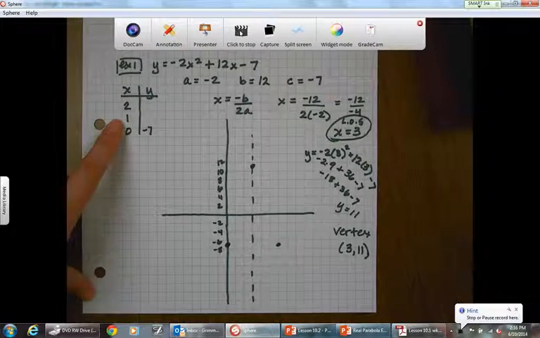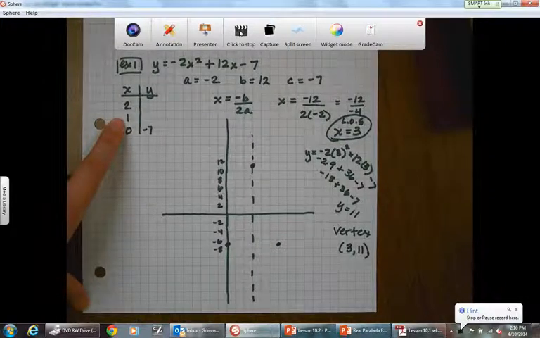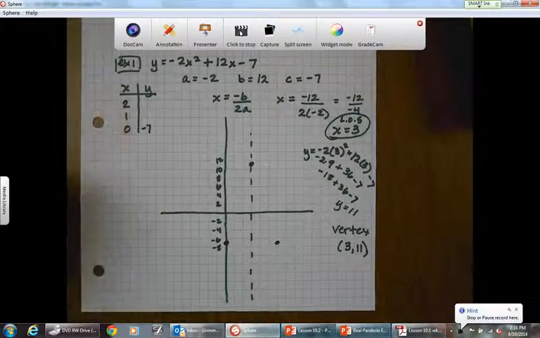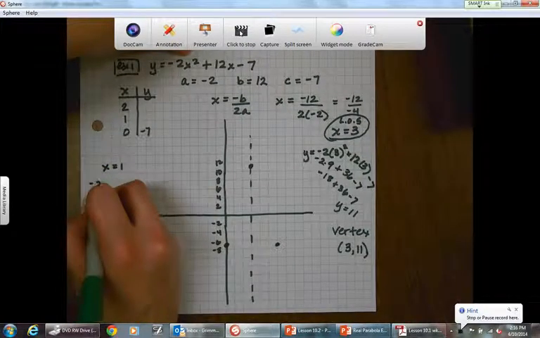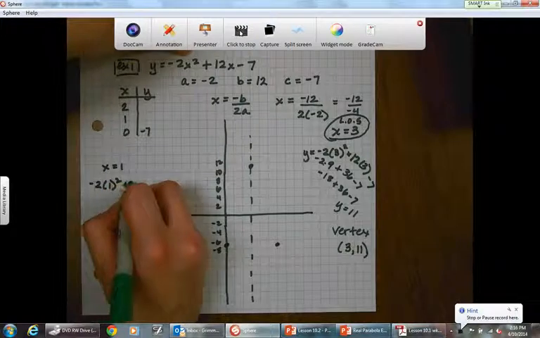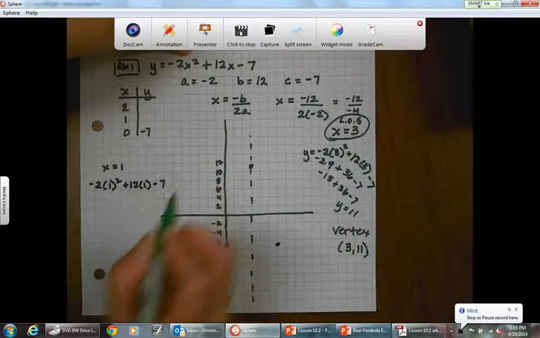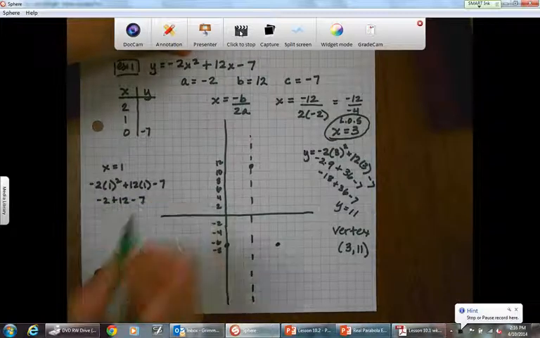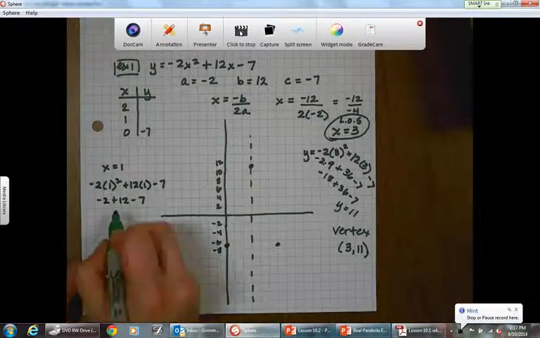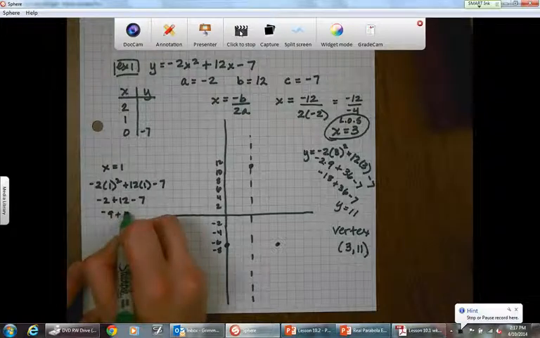All right, now let's try to put in a 1. A 1 is still pretty simple, okay? So I'm going to plug the 1 into here. So if x equals 1, -2 times 1 squared, plus 12 times 1 minus 7. So this is going to be, what, -2 plus 12 minus 7? So what is that? -9 plus 12 is -3.